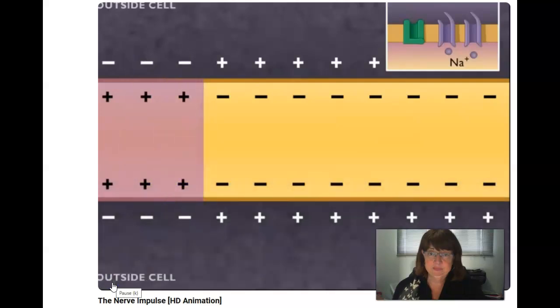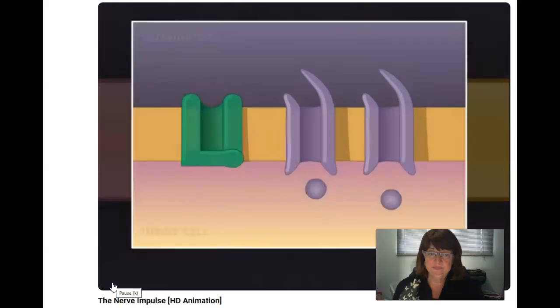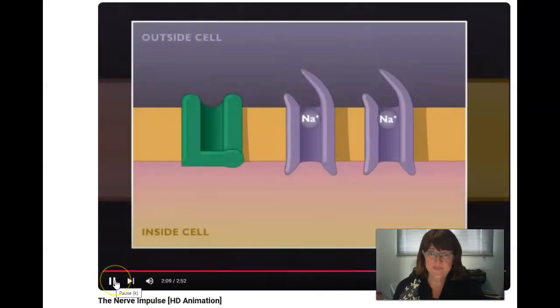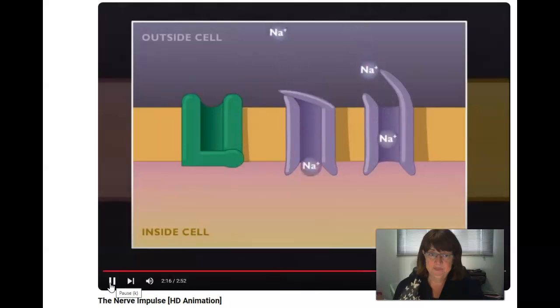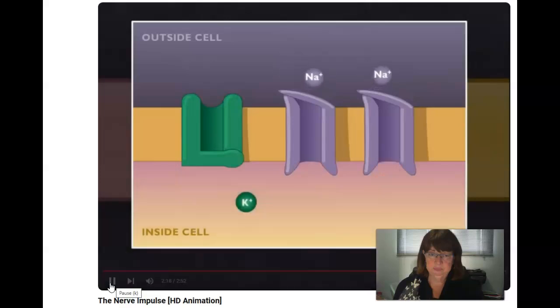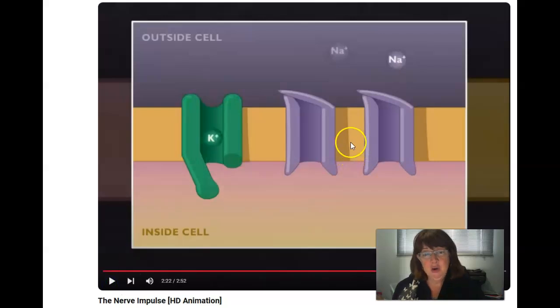Changes occur behind the action potential to restore the resting membrane potential. The voltage-gated sodium channels close and voltage-gated potassium channels open. This allows a rapid flow of potassium ions out of the cell, repolarizing the membrane so that the inside is again negative and the outside positive. Okay, so the second phase, repolarization, is when the sodium channels are closed, but now we're opening potassium channels.